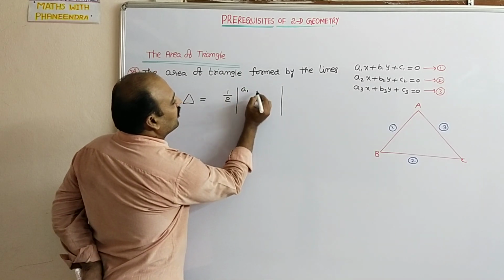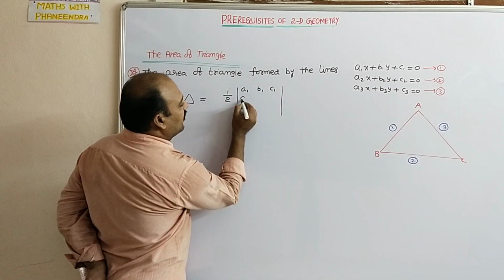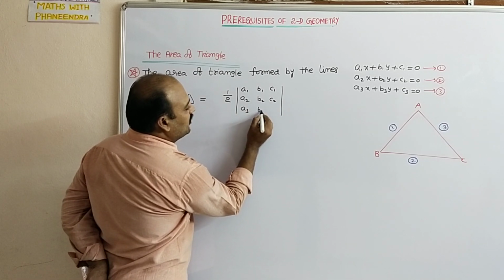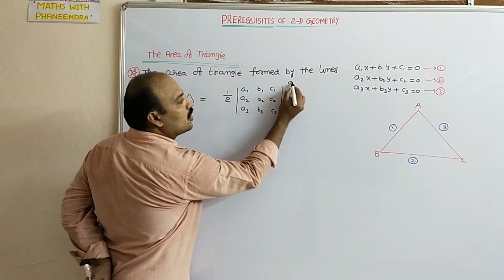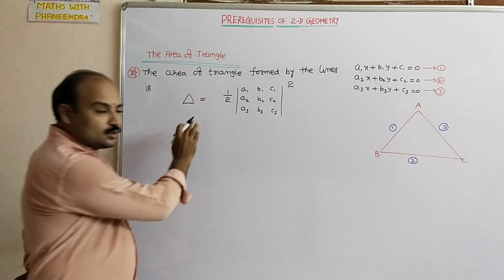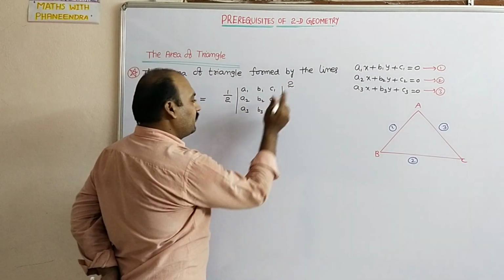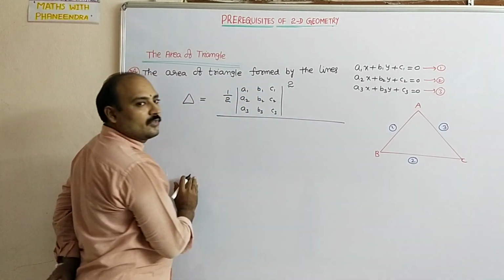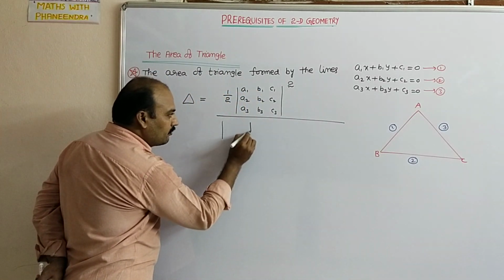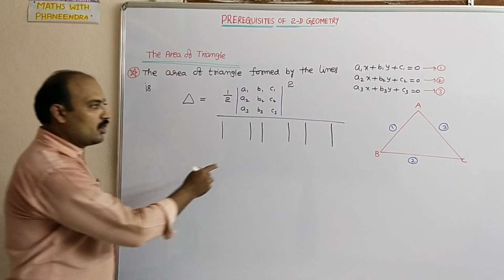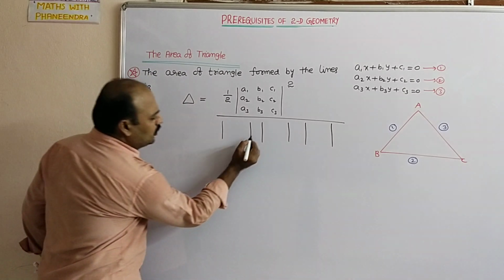So here A1, B1, C1, A2, B2, C2, A3, B3, C3. That also you have to square. Half into the determinant whole square, divided by 3 2 by 2 determinants, into. Sir, is it into or only? It is into.